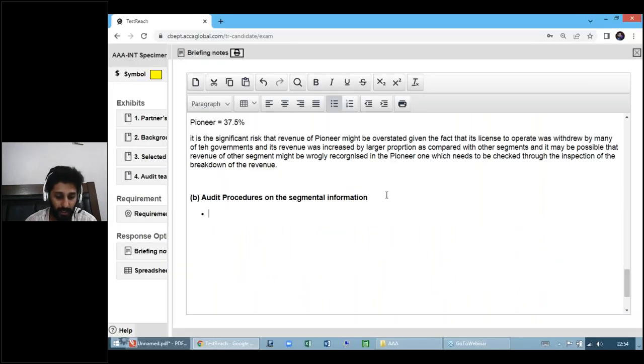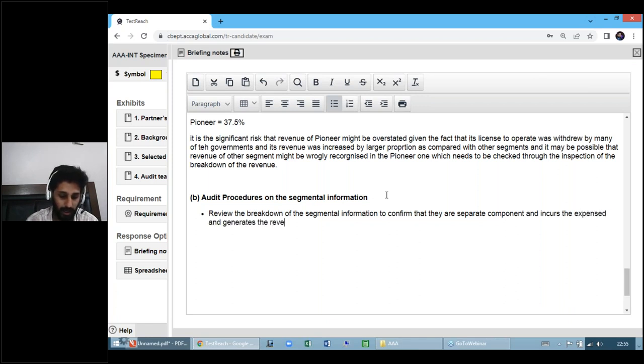So I will be writing: review the breakdown of the segmental information to confirm that they are separate components and incur the expenses and generate the revenue separately.